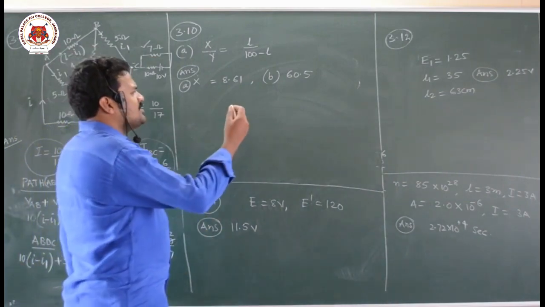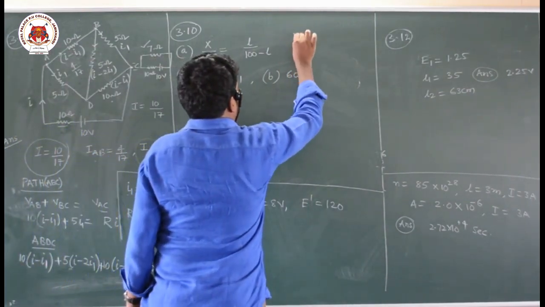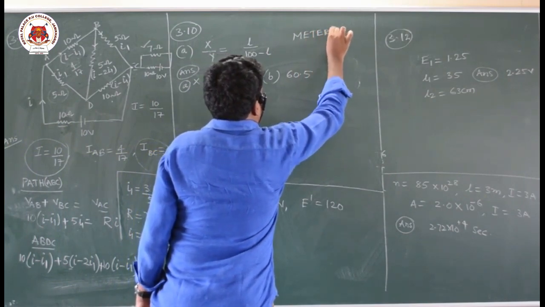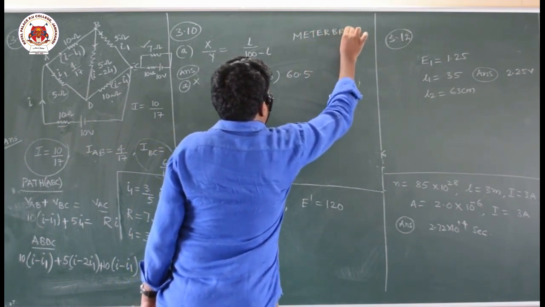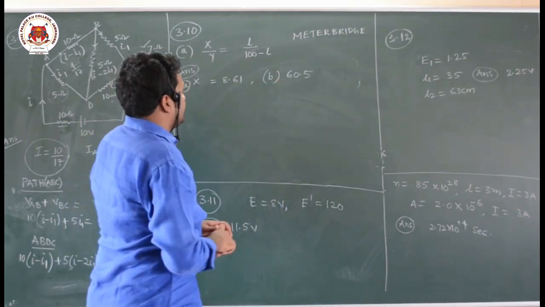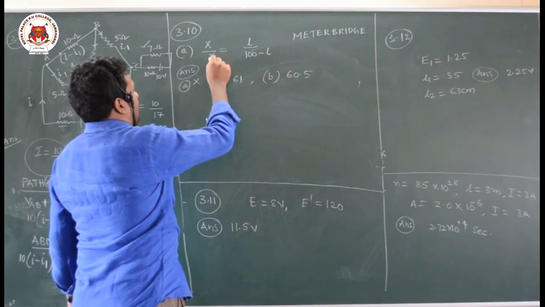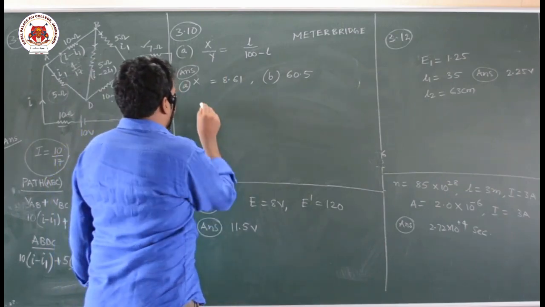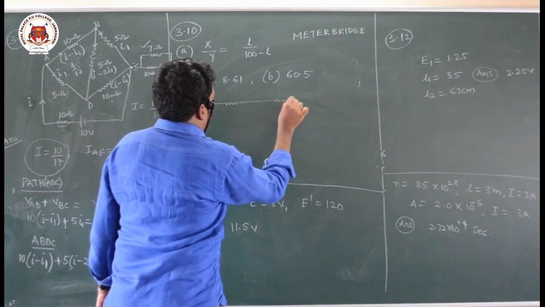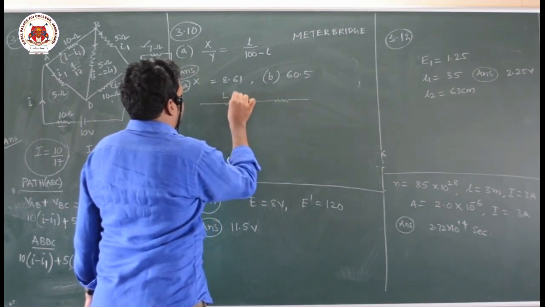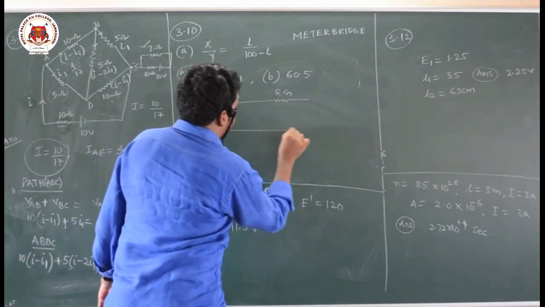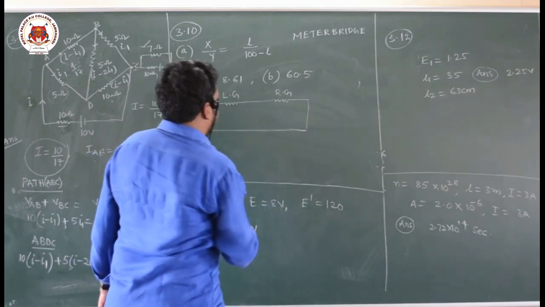This problem is based on the meter bridge. Among the two gaps of the meter bridge, this is the left gap, this is the right gap, and this is the wire.